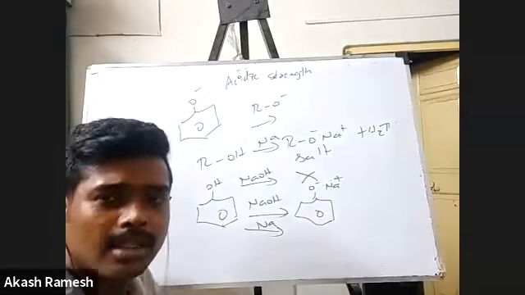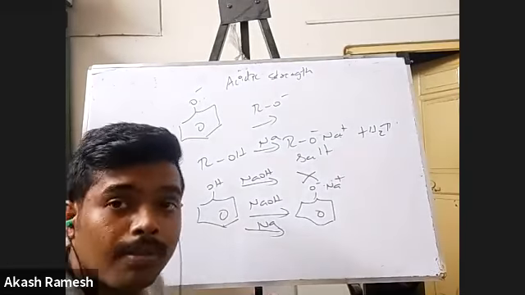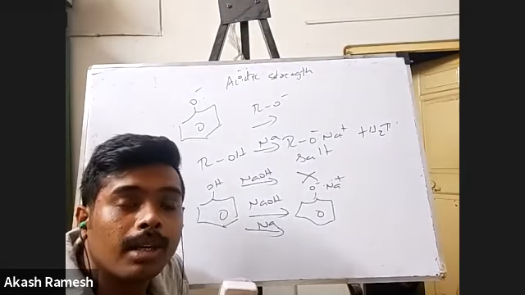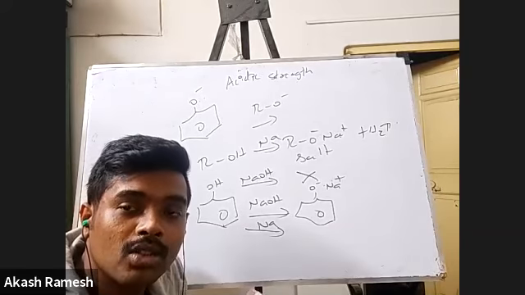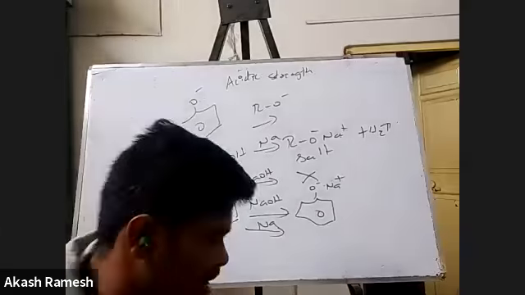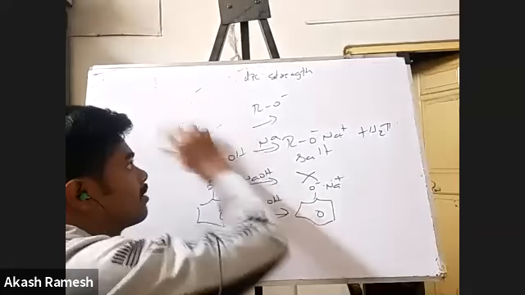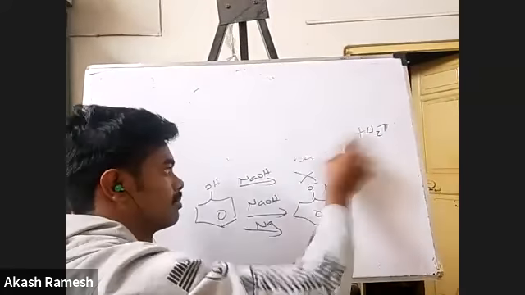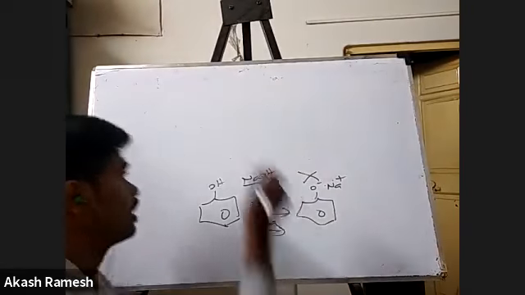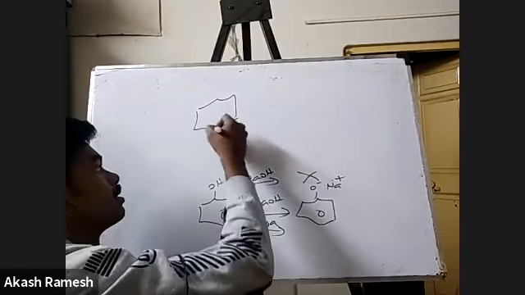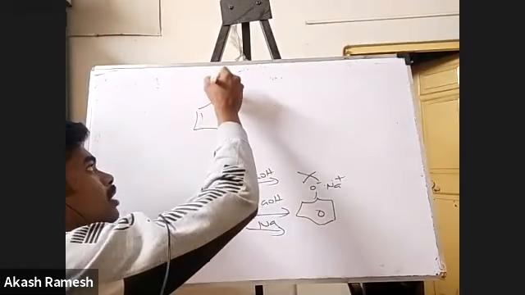Now, obviously, you understand that the phenol OH group on the benzene ring is going to be an electron donating group. Electron donating in the sense that it is going to give me a plus R effect. Hope you understand how it happens. Say I have OH.